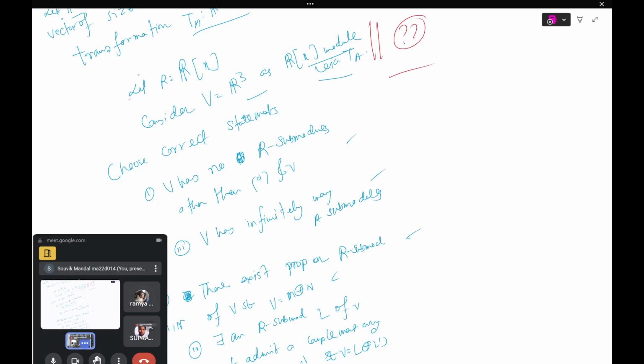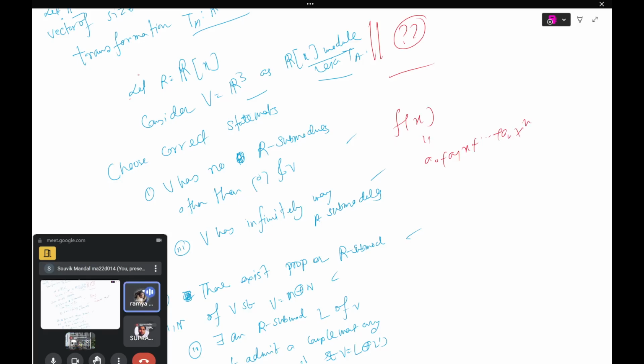Take an element of R[x], which is f(x), which is a0 plus a1x and so on up to anxn.